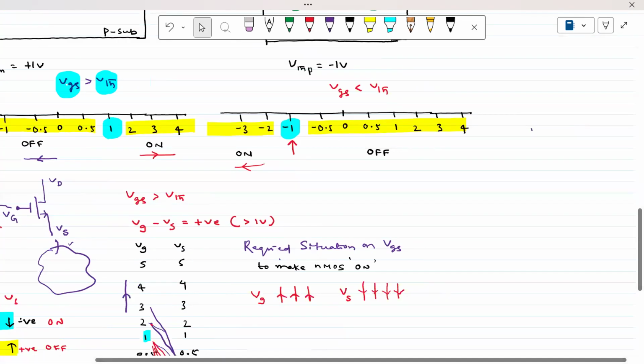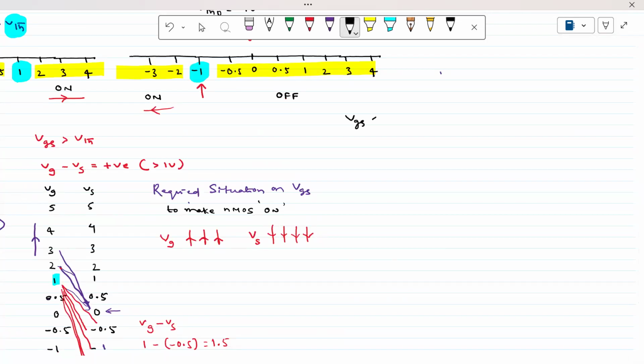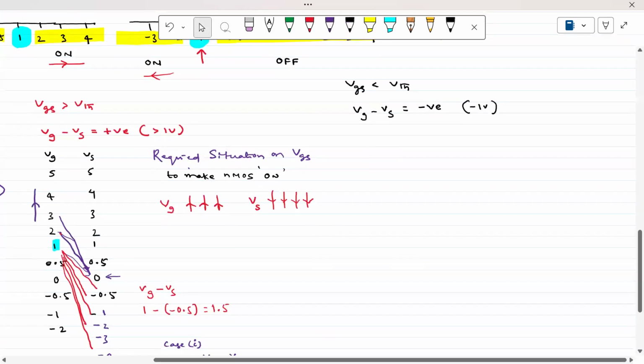Okay, let us take some examples and understand how it is. For example, as I mentioned previously also, let us consider VG is less than VTH, right? This is a condition. Let me consider VG and VS. What is the difference between these two? It should be negative. Very good. But what is the value of this negative value? -1. For example, we have taken -1 volt. Now, let us take some example.